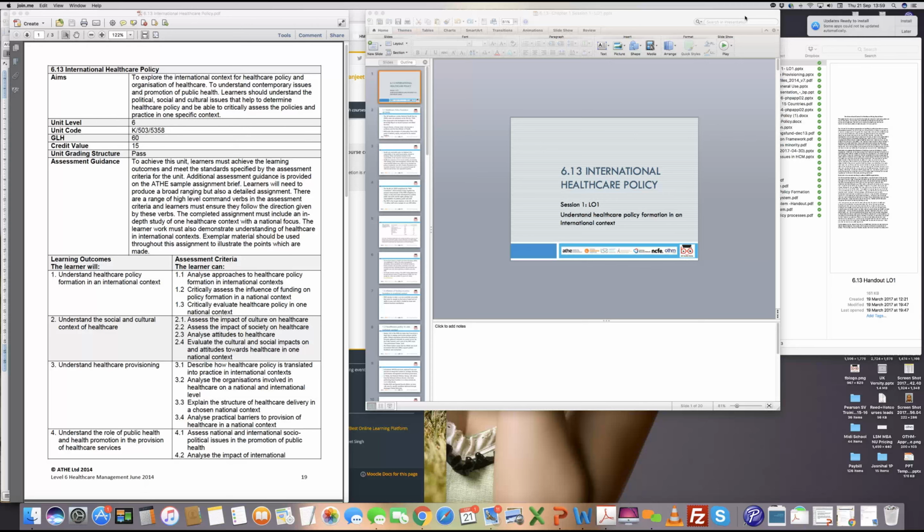An example here would be England and Wales, or the UK or Great Britain. We look at the format of something called the NHS Act, which came about in 2010. But before this, the National Health Service, the NHS, was formed after the post-World War II era.